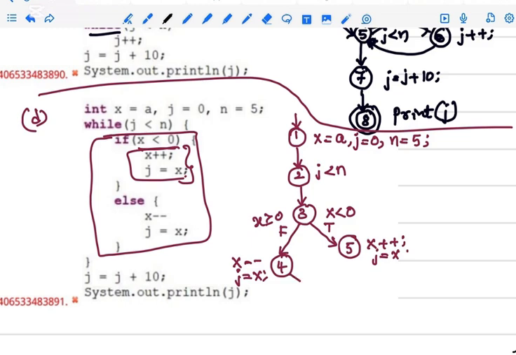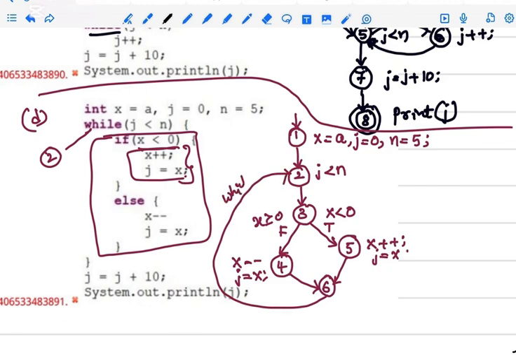So they reach a junction node 6. After this, the while loop started here, right? Node 2. The while loop started at node 2. So it will go back to this node 2. While loop, okay, at node 2.